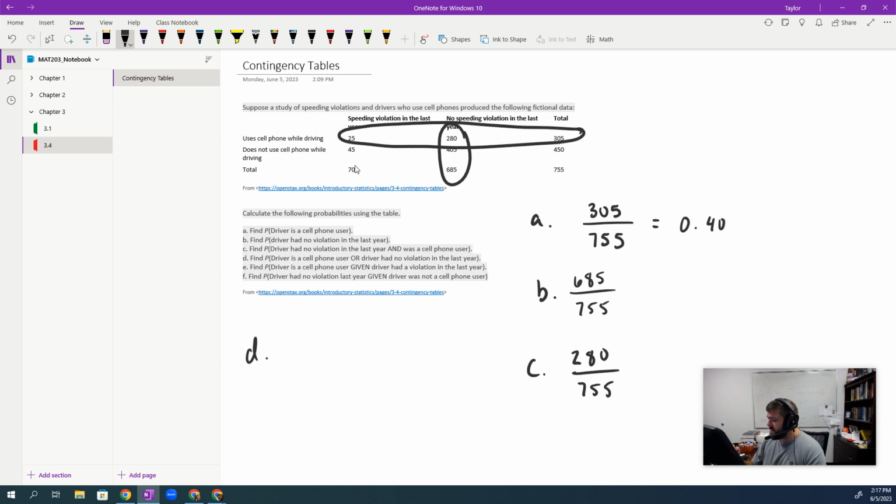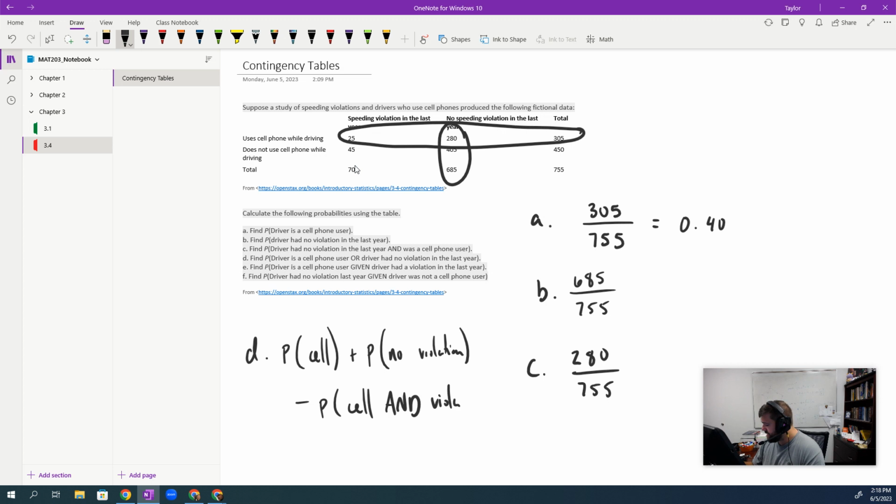So if we think about the probability of cell phone, so yes cell, plus the probability of no violation, we have to subtract the probability of cell and violation because we'd be double counting it.